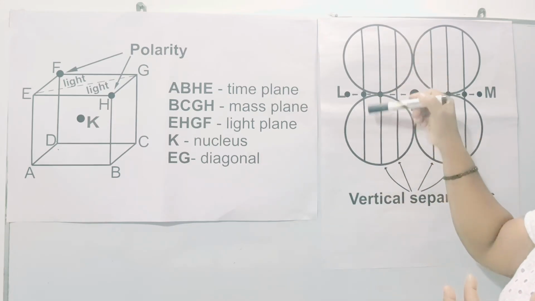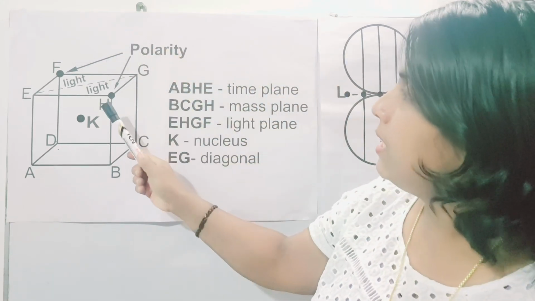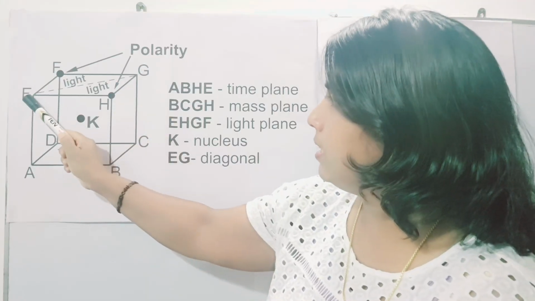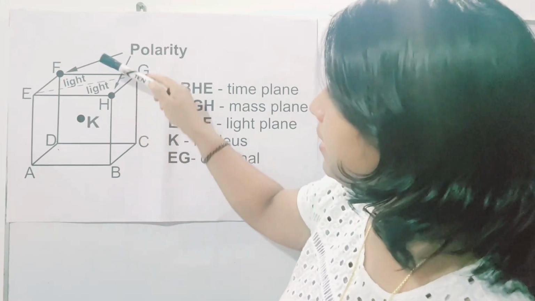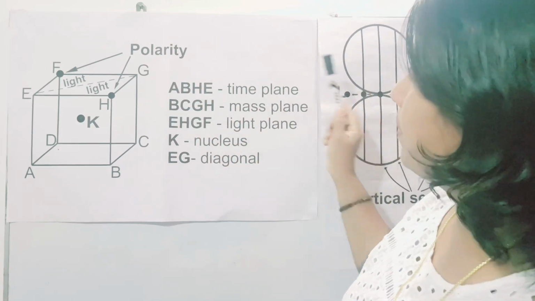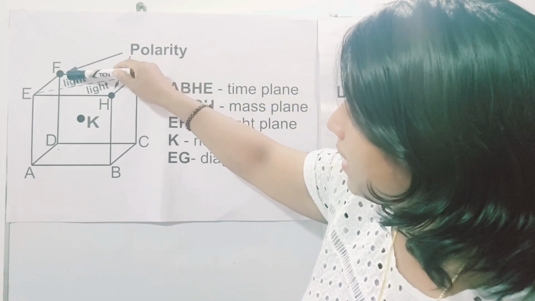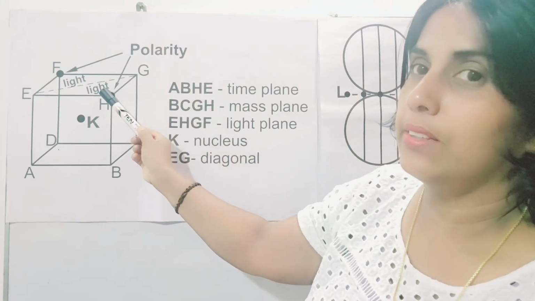And then the vertical separations happen on either side of this main diagonal. EG is the main diagonal, and this separation takes place on this triangle and on this triangle.